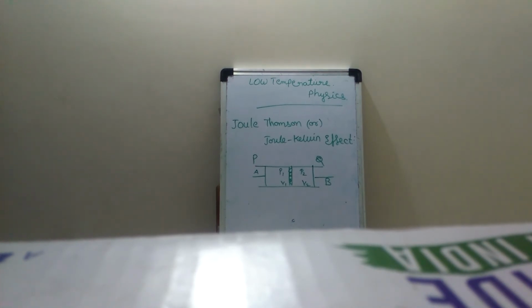Thus, every gas below its temperature of inversion will cool on passing through the porous plug. The inversion temperature of hydrogen is minus 80 degrees Celsius. So if it is pre-cooled to a temperature less than minus 80 degrees Celsius and then passed through the porous plug, it suffers cooling.